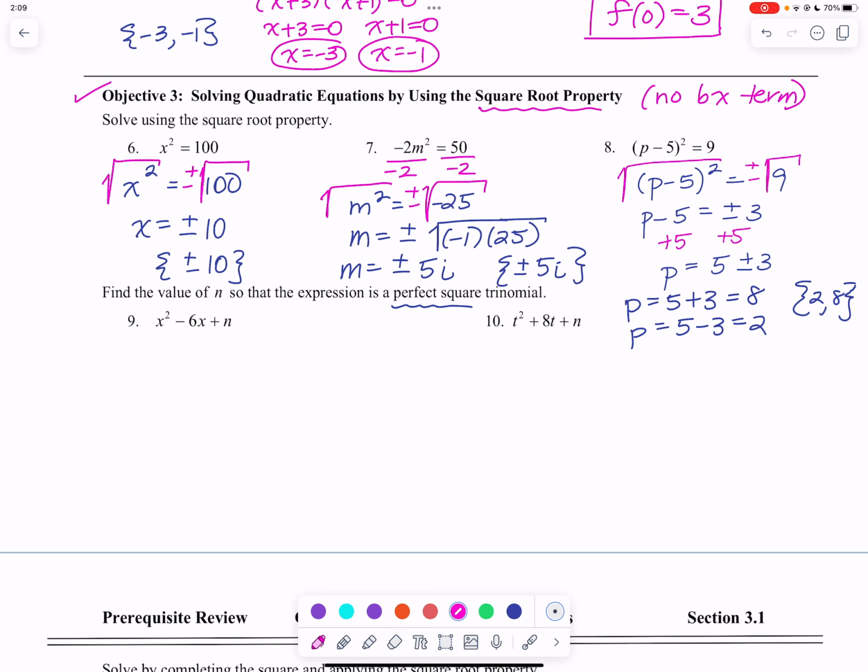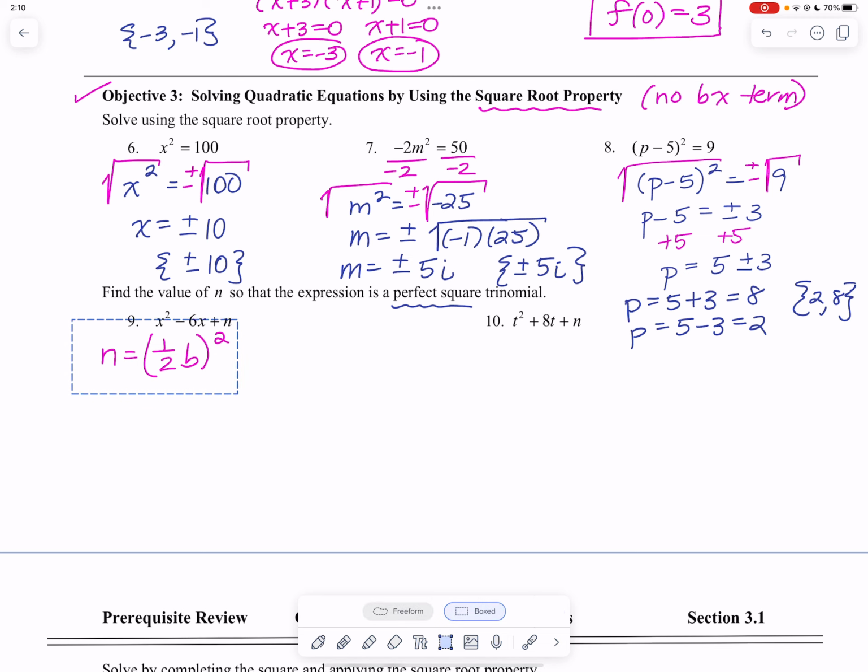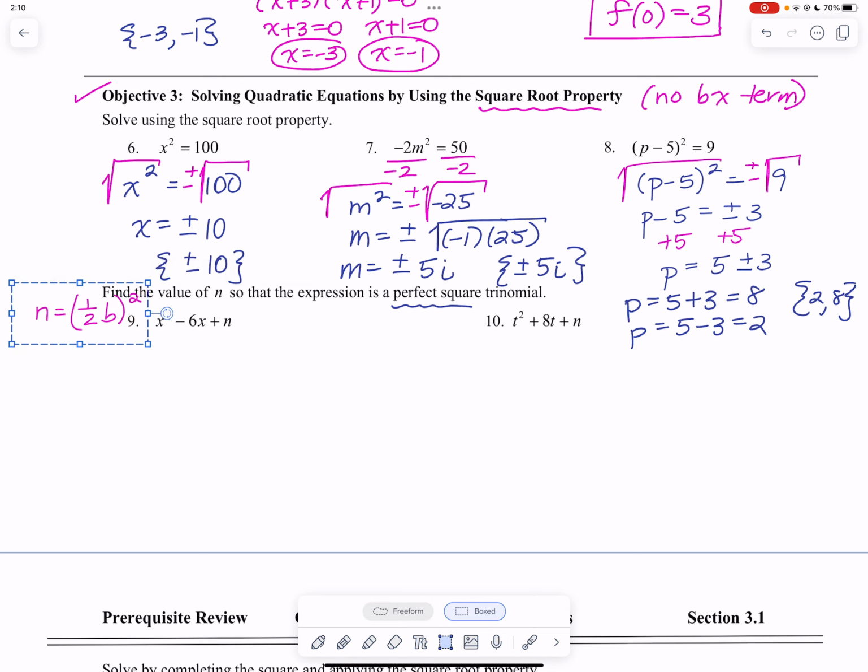To make n a perfect square trinomial, we are going to take half of b and square it. That's what n is. So n is actually 1/2 of b squared. And I should probably put that in the margin right here so that students know what n is.